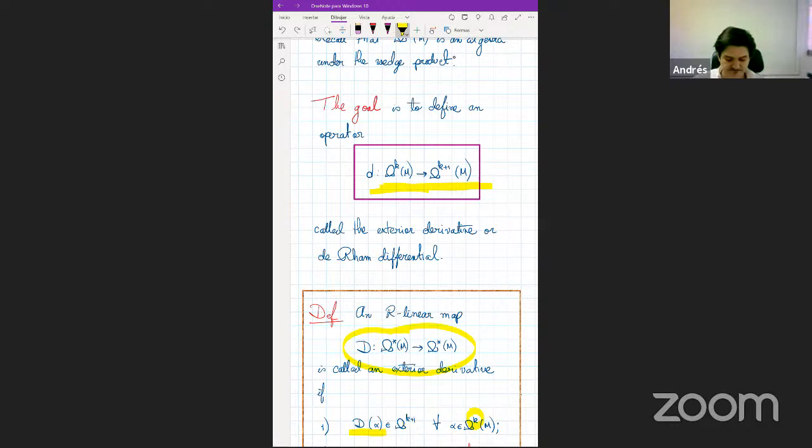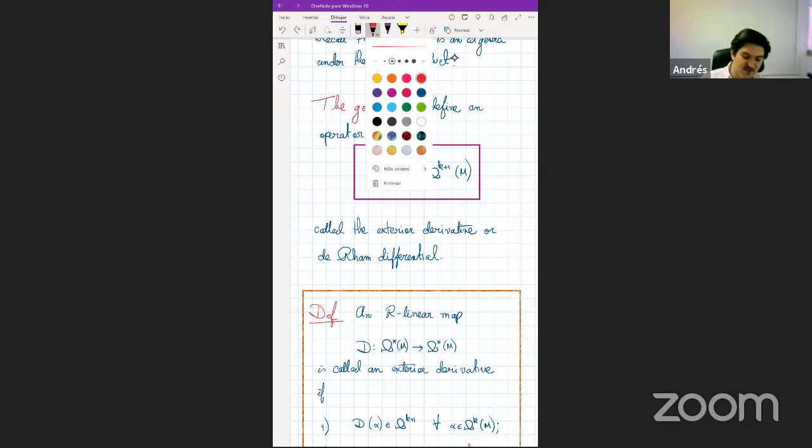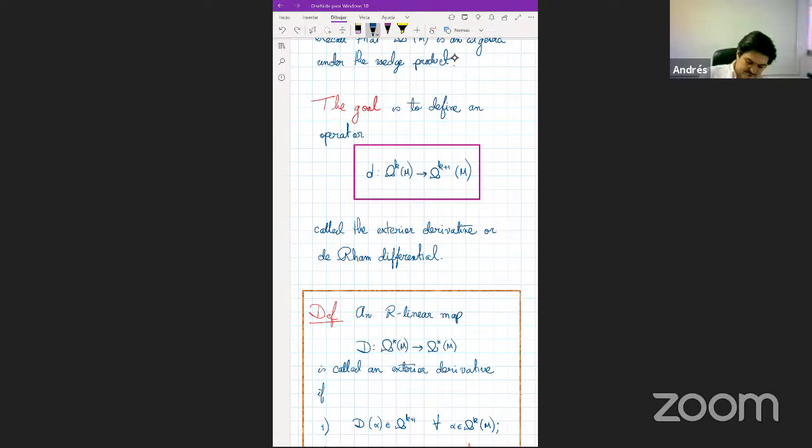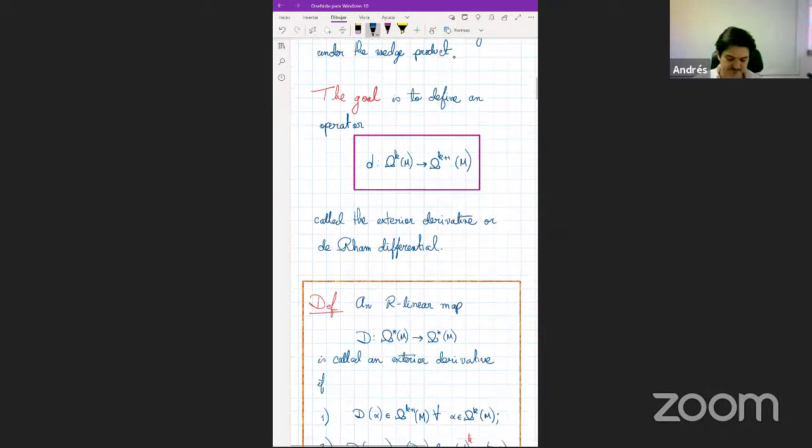So that's something that we will require of the exterior derivative on the manifold. If I have a k form, then the differential will be a differential form of degree k plus 1. It increases the degree by 1.